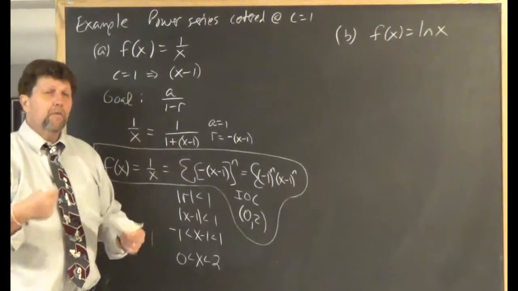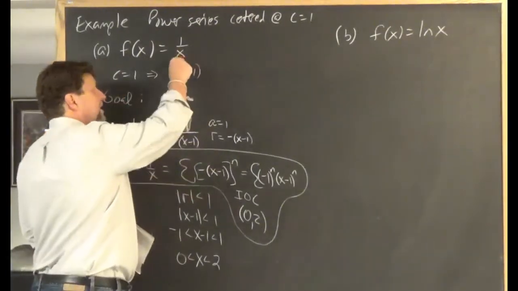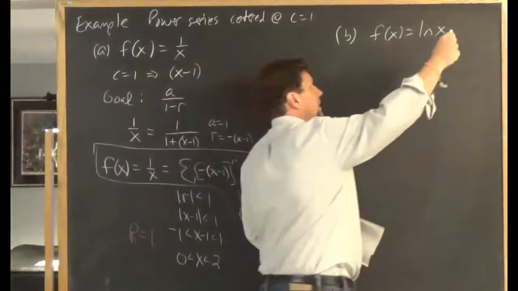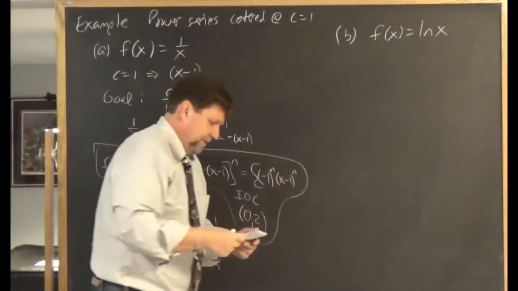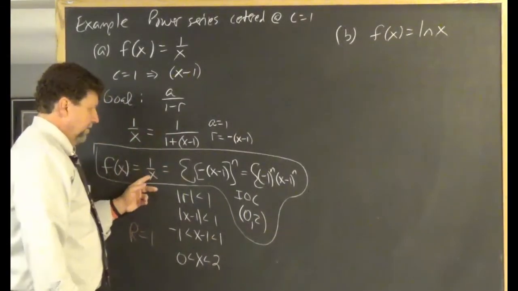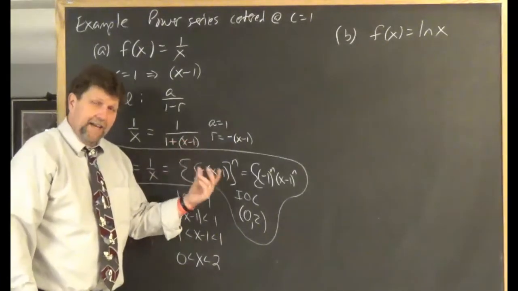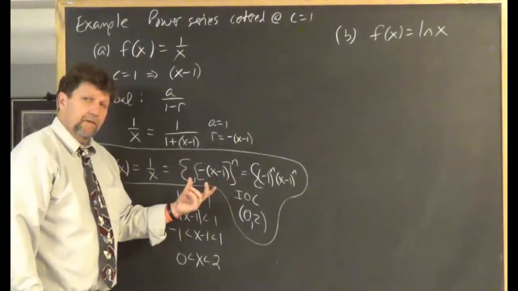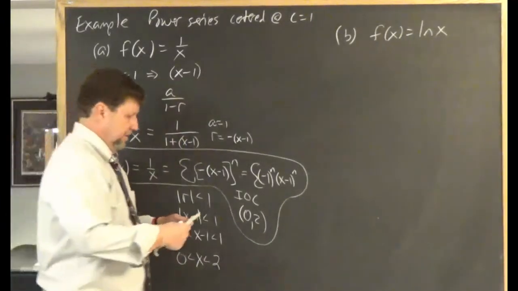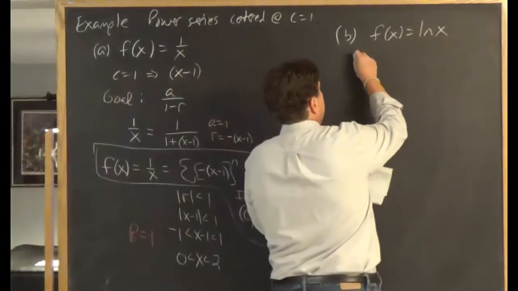And that's because we know the antiderivative of 1 over x is natural log x. So we can look at the 1 over x, get the antiderivative, and that will be natural log x. So let me write that down.